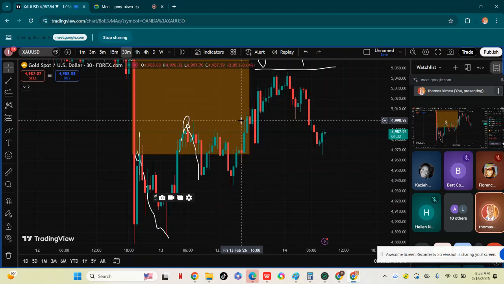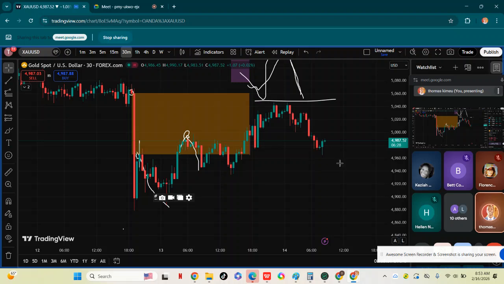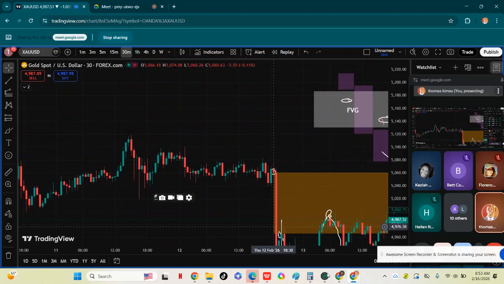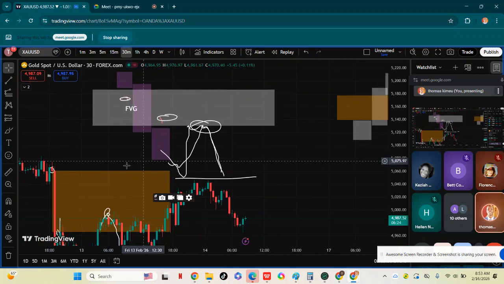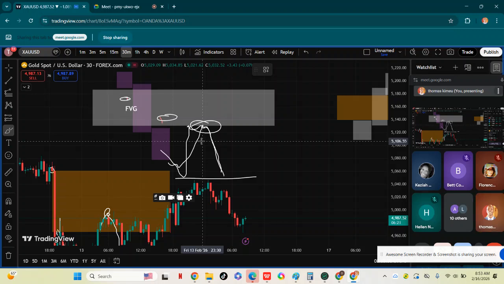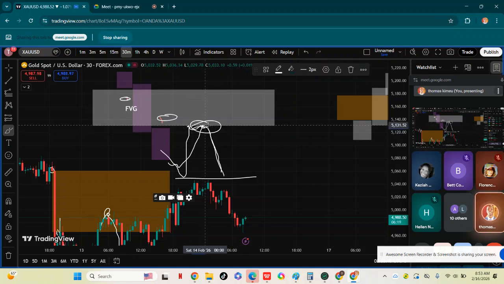Then this time it decided to break and close that gap. Because what we expect if the market does not respect that fair value gap, you see the market come in and close this gap like that.